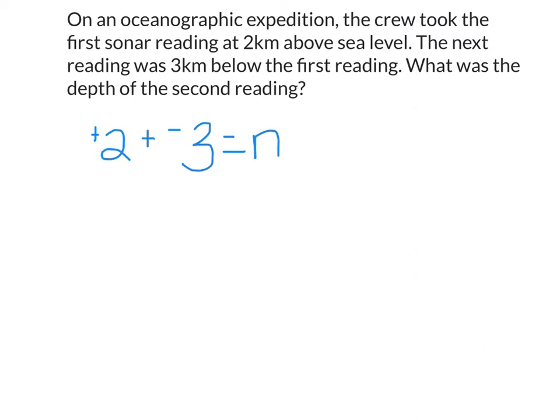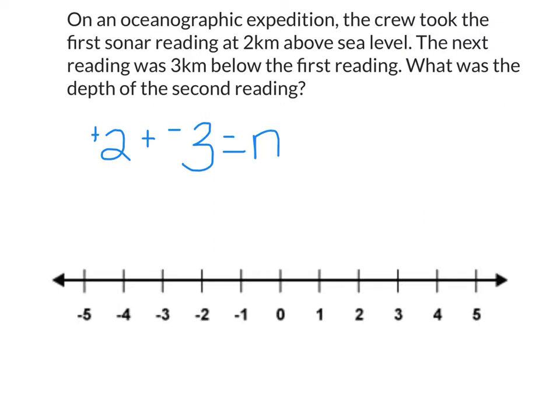So we can use a number line in order to show how we would add these integers. Okay, so we would start here at 0 and we would move right for positive integers. And remember, then we move left for negative. So we're starting here at the 0 and we're going to move right 2 times because we have the +2.